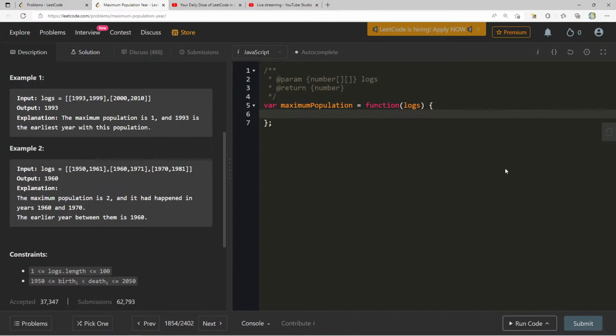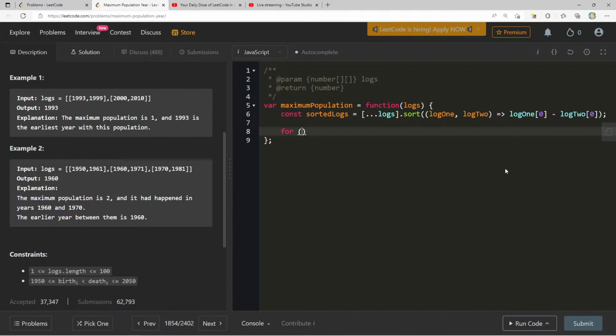Let's say const sortedLogs equals logs.sort. This will take log1 and log2. We'll do log1[0] minus log2[0]. That way this will be sorted by that first number. And then what is it that we want to do?